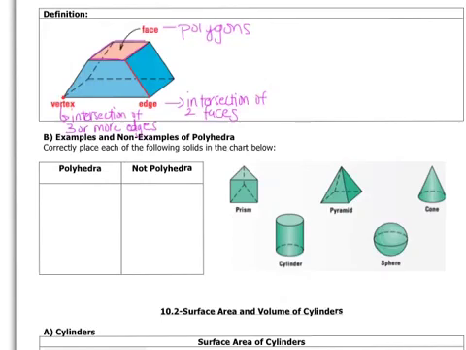Raise a number 1 finger if you think that is a polyhedron. Raise number 2 fingers if you think it is not. Everybody up, 1 or 2. Is that a polyhedron or not? Yes, it is. All of the faces are polygons, so that is a polyhedron.